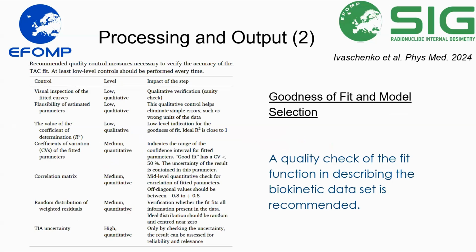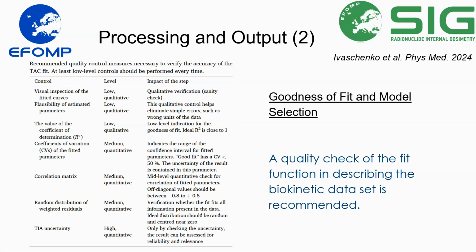So let's say you already have the function and you fit it to the data you have. Then of course we need to check the quality, or the performance, of the function in explaining the data. We can check it with the goodness of fit and also model selection, for example, with the Akaike information criterion. On the left side, you can see the table of control types, the level, and also the impact of the step.